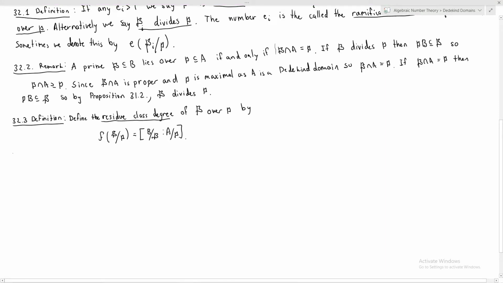Okay, and then there's some concepts of special behavior of these guys. So we're going to let Fi be the residue degree of the ith prime.